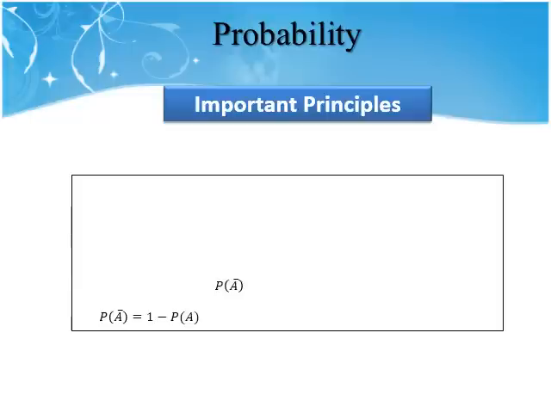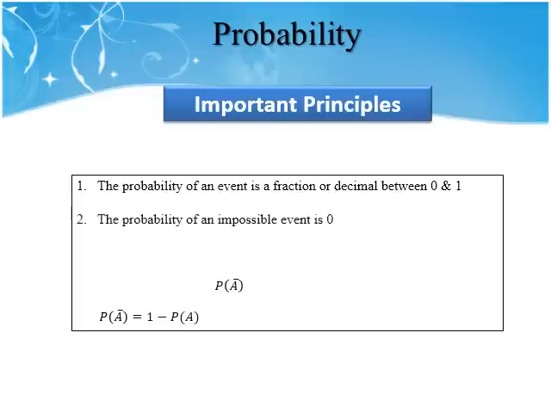A few important principles to keep in mind while we're talking about probabilities over the next chapter. First of all, the probability of an event is a fraction or decimal between 0 and 1, always. Although we can include 0 and 1. So for the probability of an impossible event, we use 0.